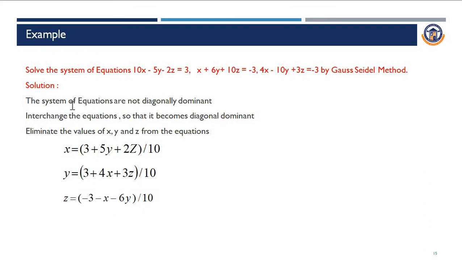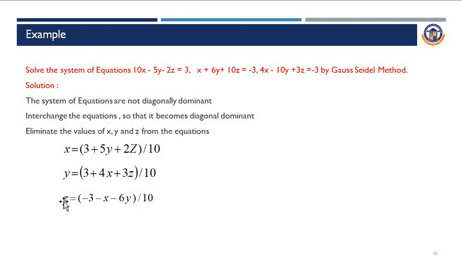So after verifying diagonal dominance, I have to eliminate the values of x, y, z from the equations. From the first equation I can eliminate x. It becomes 1 by 10 into 3 plus 5y plus 2z. Then from the second equation, after eliminating y and simplifying with the minus sign, I get 3 plus 4x plus 3z divided by 10.